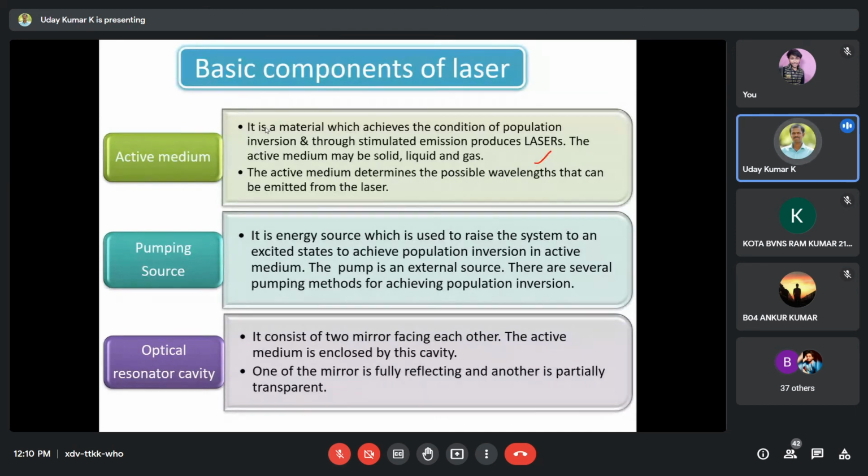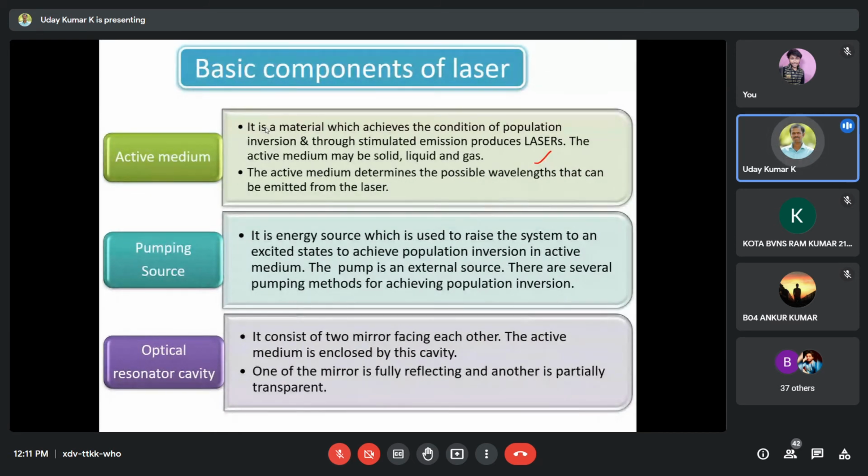These photons interact with a few more atoms and create more photons, with the multiplication factor. They undergo multiple reflections between the two mirrors, and you get photons generated in geometric progression. So to create the amplification process, this optical resonator cavity is very important.